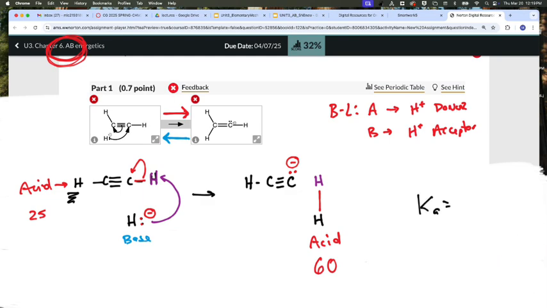I would go through and say, well, Ka is A minus times the H plus over the HA. So if I had a big Ka, lots of this, okay, so a number that was a lot bigger than 1, what would that mean for a pKa? Logs? I don't know how to do logs in my head. So I'd pull out a calculator and I'd say negative log 100. What's my number?